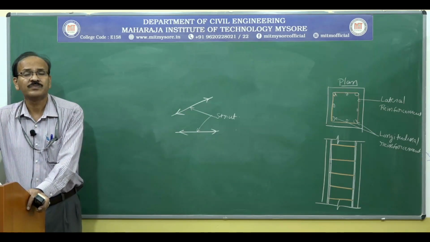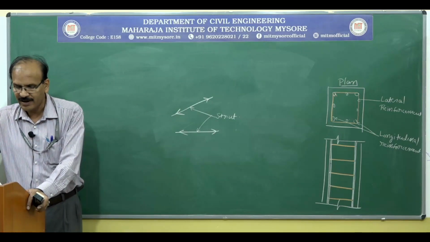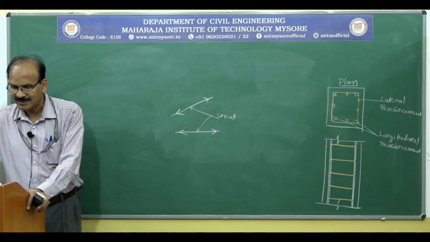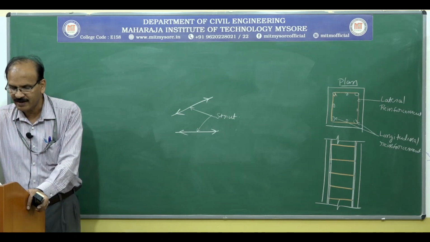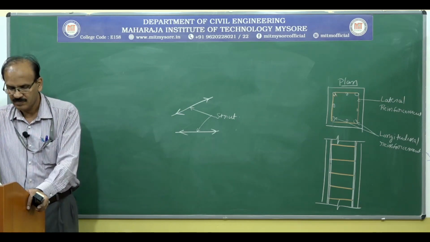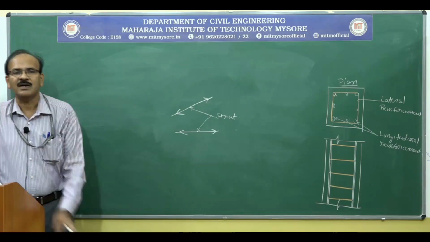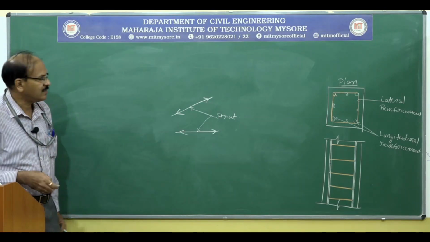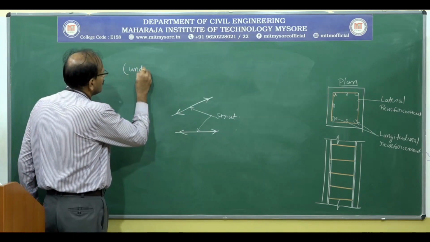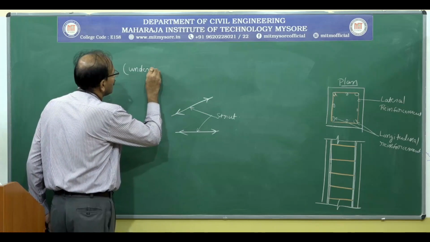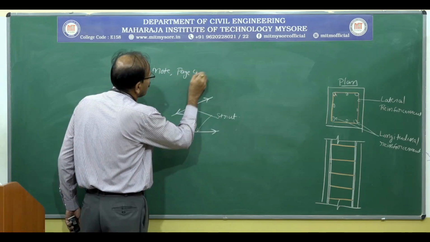Next paragraph. Compression member whose length does not exceed 3 times its least lateral dimension is called a pedestal. Underline it. Within brackets you write under note, page 49.